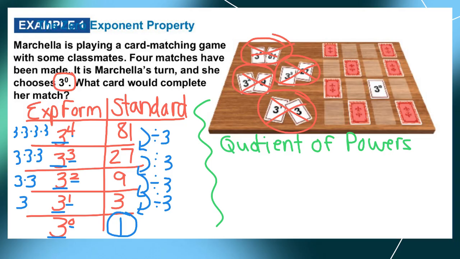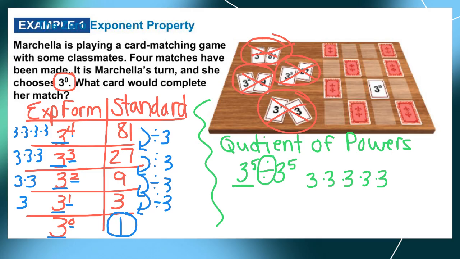In the quotient of powers, I'm going to have the same base, and I'm going to have, in this case, the same exponents as well. So let me just take 3 to the 5th power divided by 3 to the 5th power. So my numerator right here, I've got 1, 2, 3, 4, 5 of those.